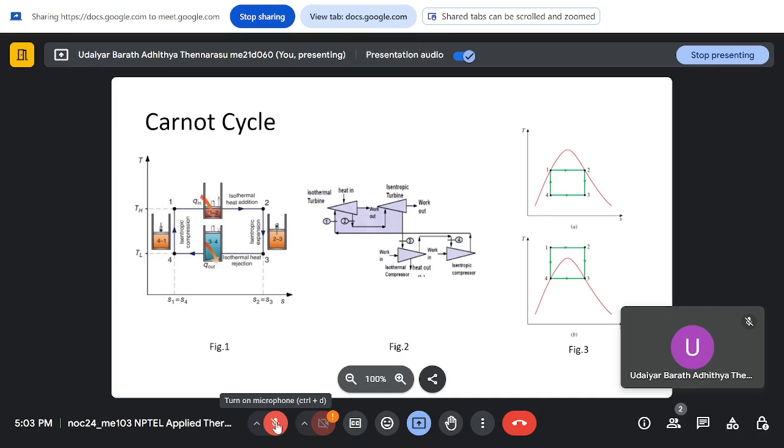So these isentropic processes are very fast, so they will not have enough time for heat transfer to happen. So that's why I assume it to be an adiabatic process.